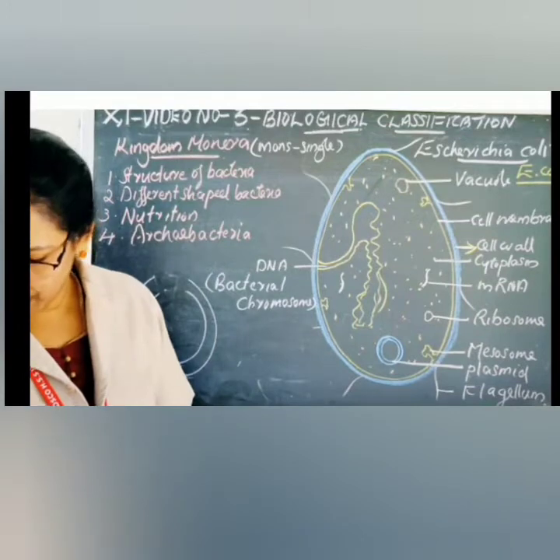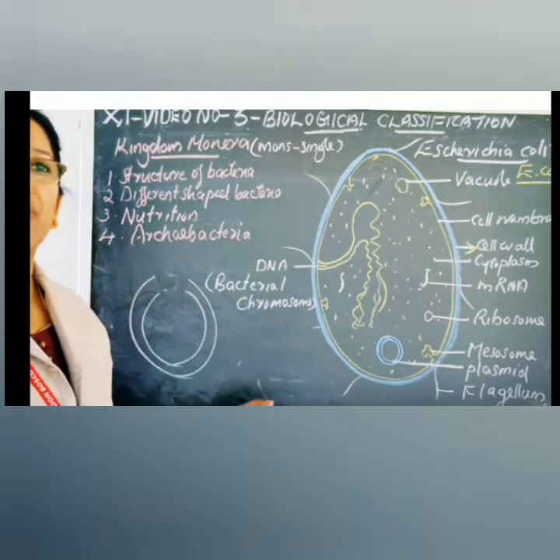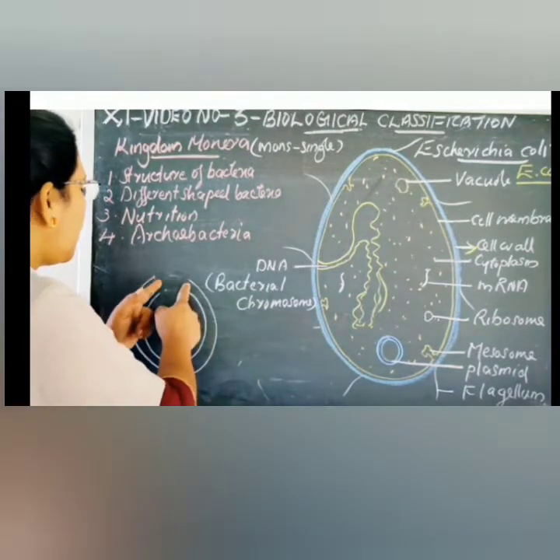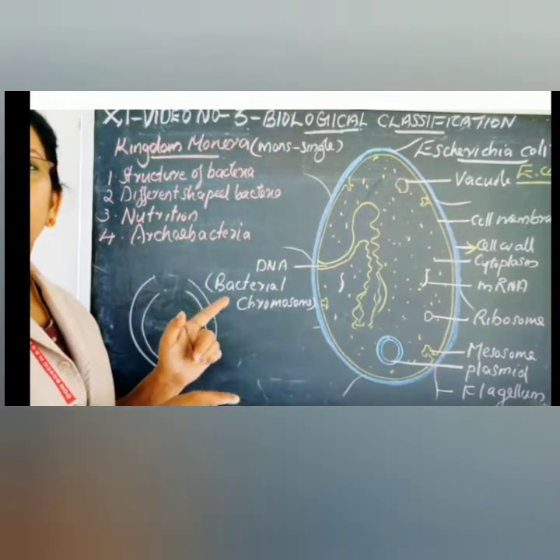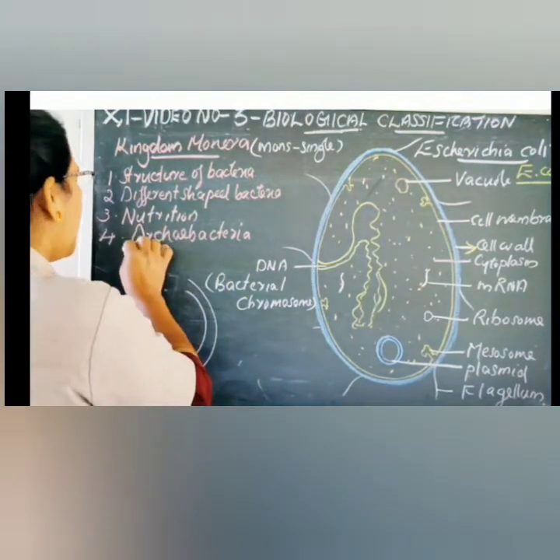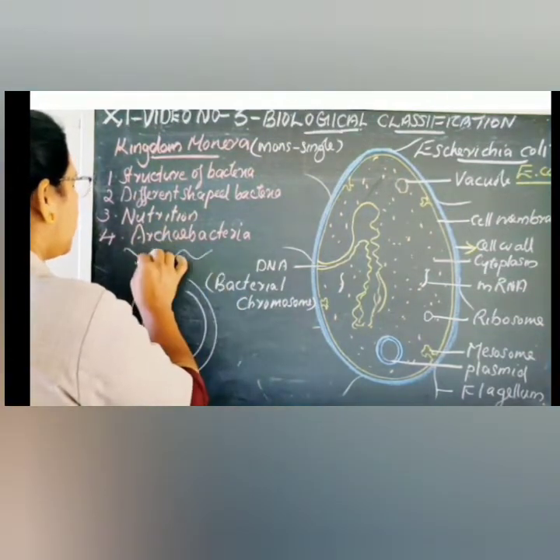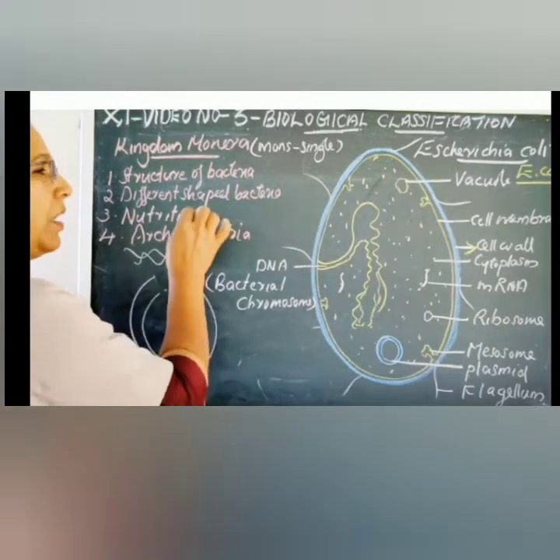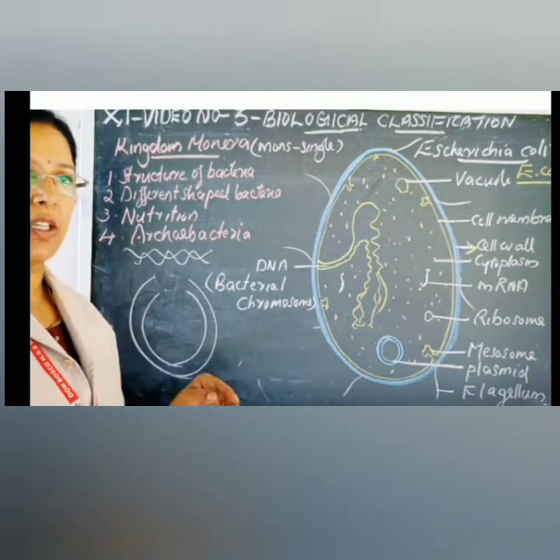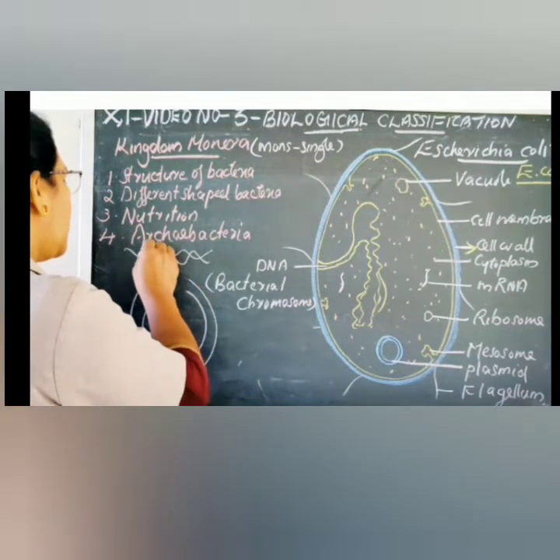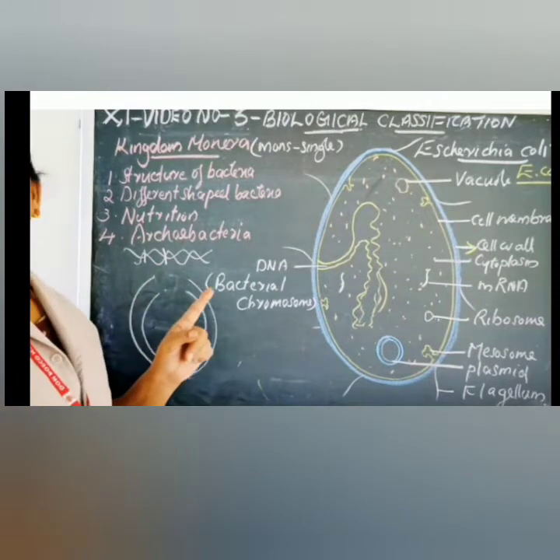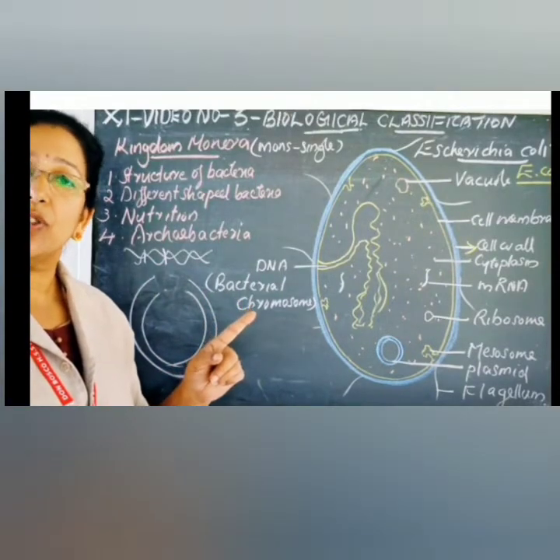I am not saying the enzyme name; later we will study. With the help of one enzyme, some part of this plasmid is cut, and there may be a DNA. In biotechnology, we are dealing with manipulating genetic material. Here is one DNA.